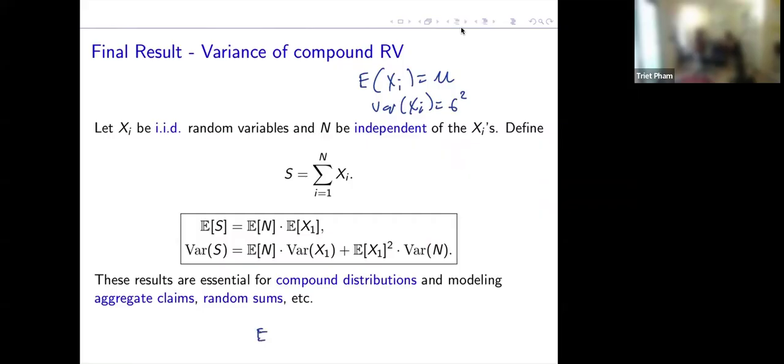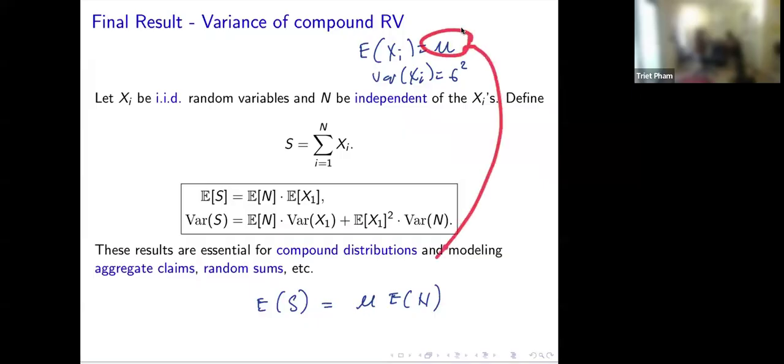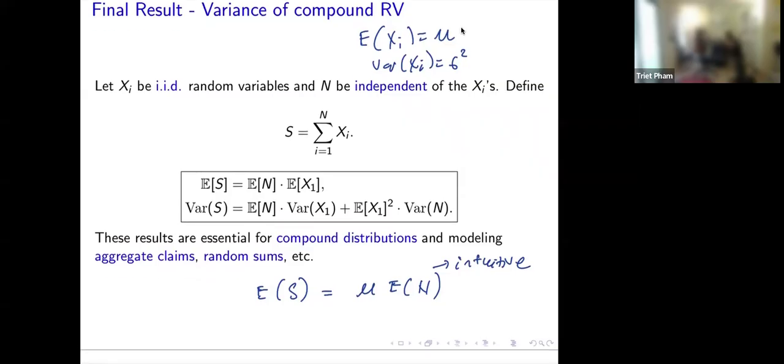Then the expectation of the sum is mu times the expectation of N. It's the average amount of money spent times the expected number of people coming in. I would say this result is probably intuitive, meaning people would hit on this formula even though they know nothing about compound random variables. But notice the story is not always that simple. Variance doesn't work that way.